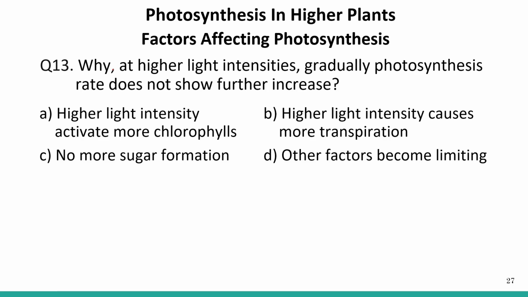Now next question is, why at high light intensities does the photosynthesis rate gradually not show further increase? Okay, so again there is a fact that whenever you increase the light intensity, then what happens?